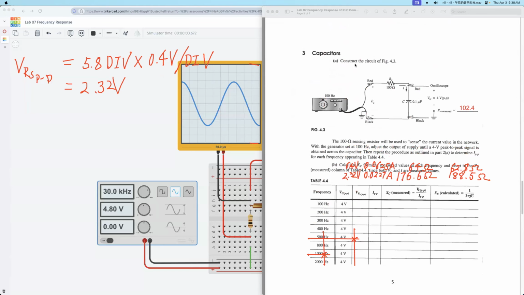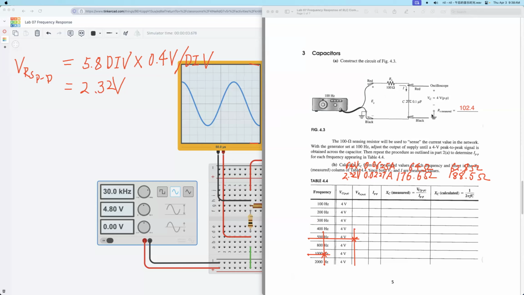Then when you finish the inductor, you need to go to the capacitor RC, the same one. Similarly, adjust the frequency. This is the frequency from 100 Hertz to 2 kilohertz. And also make sure VC is the 4 volt peak to peak value.